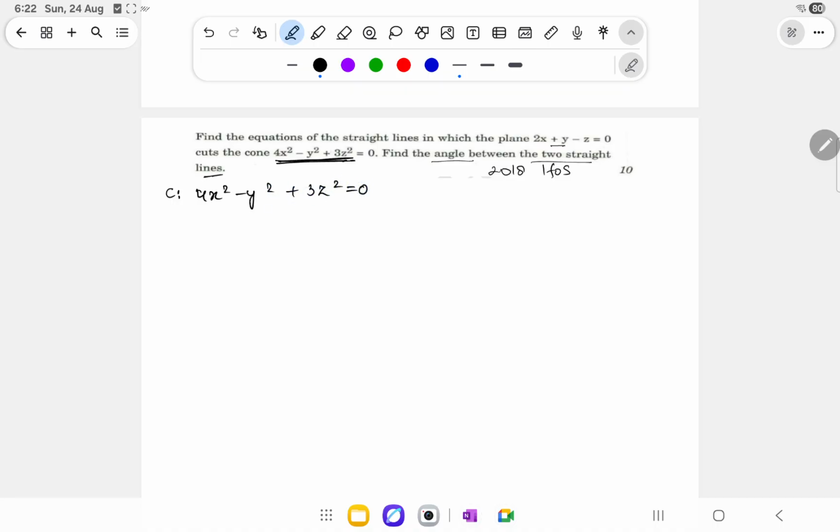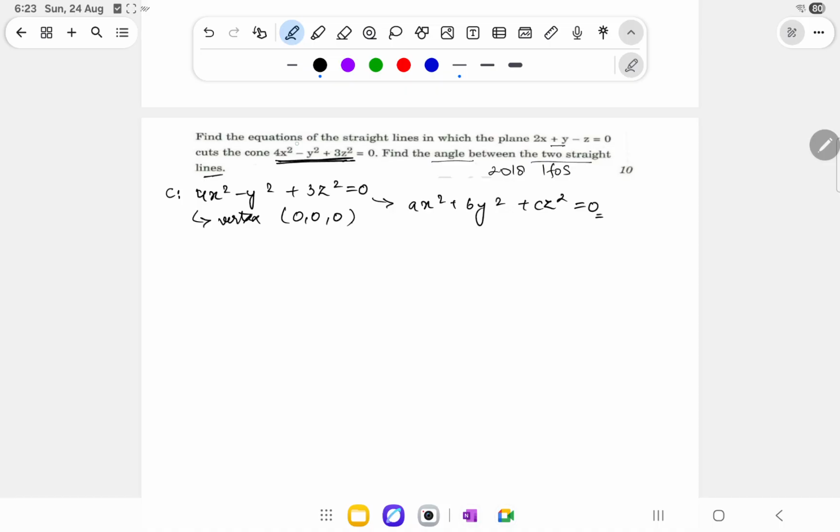It's already in homogeneous form, and its vertex will be (0, 0, 0), like we have seen in the previous question. It is of the form ax square plus by square plus cz square equals to 0, and here a is 4, b is minus 1 and c is 3. So its vertex will be this.